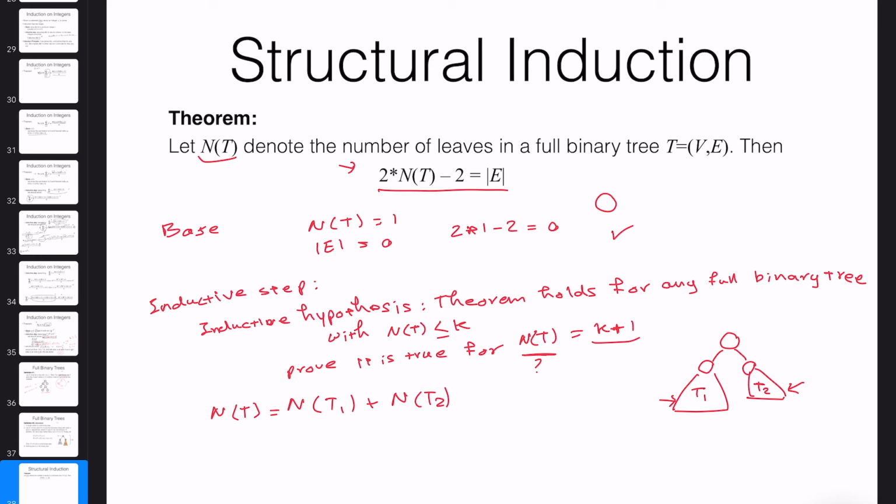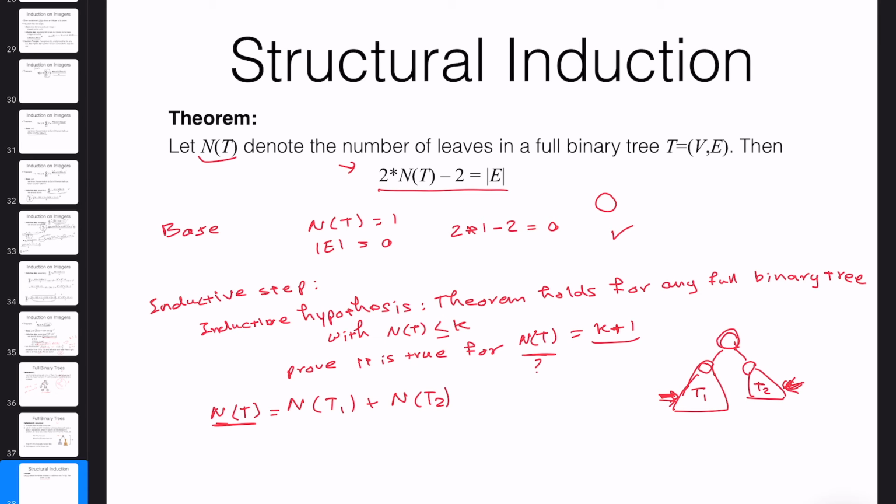Basically this tree is created from all the nodes here and all the nodes here, and you just added a root node, and the root node is not going to be a leaf node, right? So every leaf node that you have is going to be either here or here. So the number of leaf nodes in T is equal to the number of leaf nodes in T1 plus the number of leaf nodes in T2.